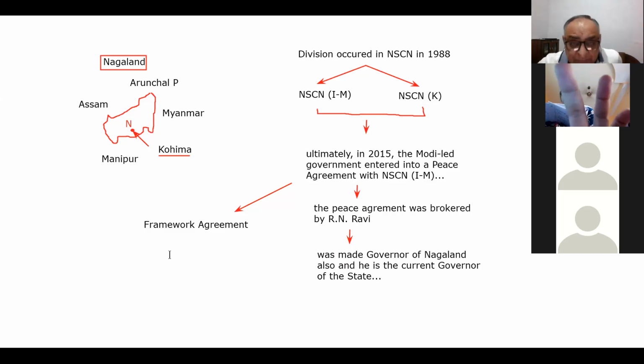So that agreement which was signed between the government of India and the Naga leaders, that is NSCN (IM), is the framework agreement only, and so far no final agreement has been concluded by the authorities yet, right? Though the government is making constant efforts for this.